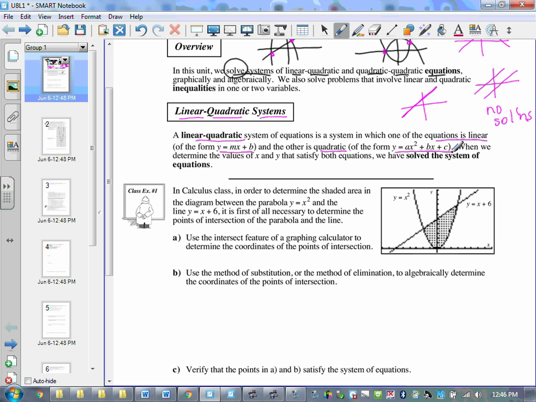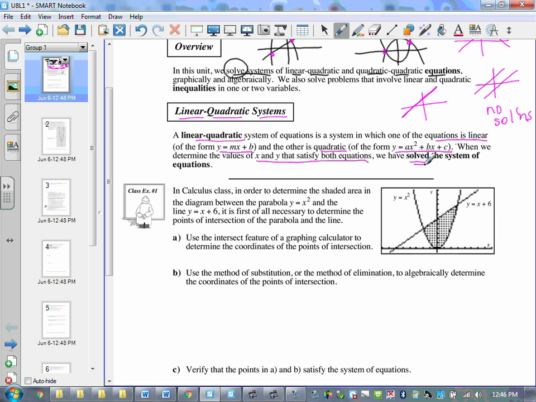So remember, we spent 2 whole units on quadratic equations this year. When we determine the values of x and y that satisfy both equations, we have solved. We're figuring out the x and y values that are equal at both.